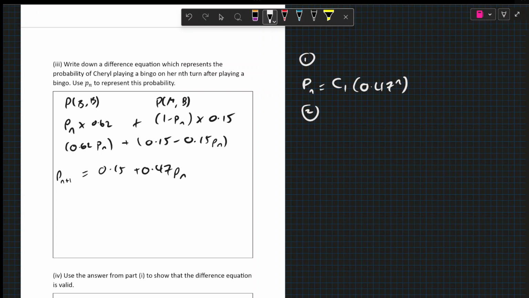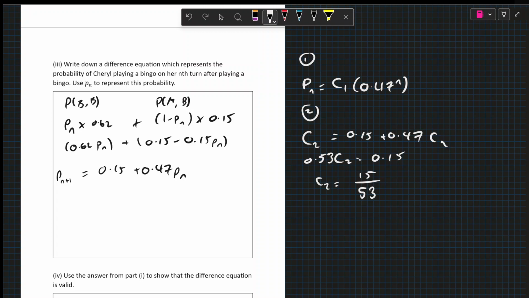The second solution says we have a second constant C2, which is 0.15 plus 0.47 times that same constant. Now that'll be 0.53 C2 is 0.15. So that'll just be 15 over 53. So that's that second constant.